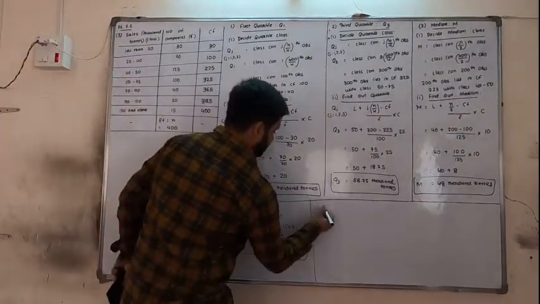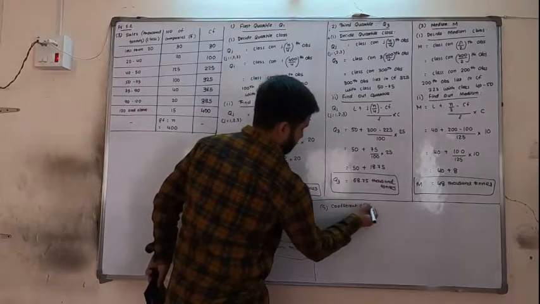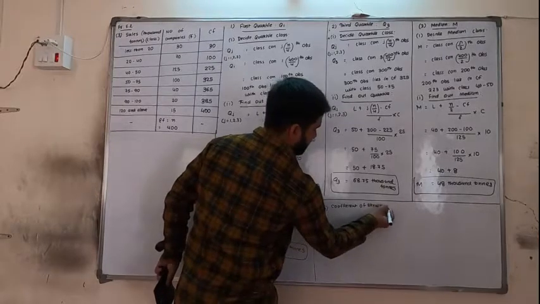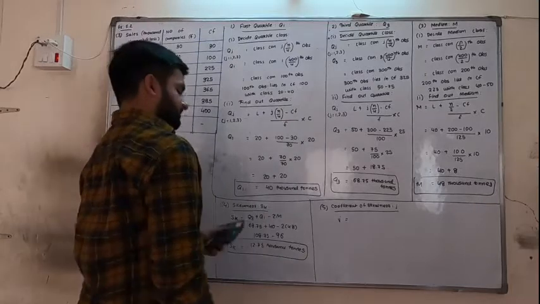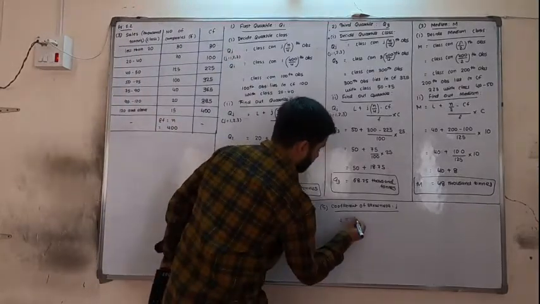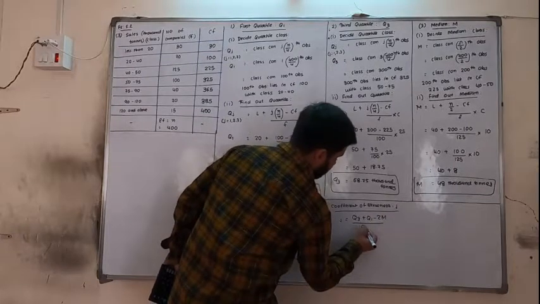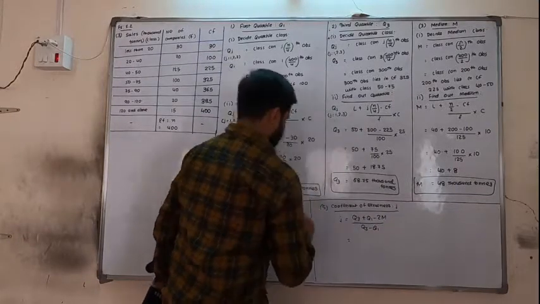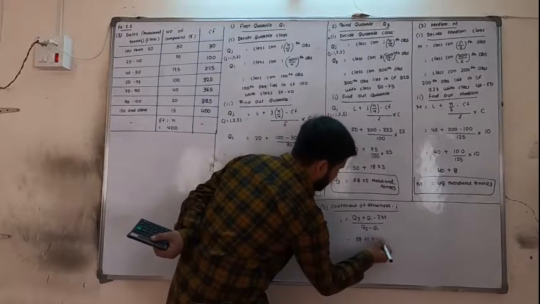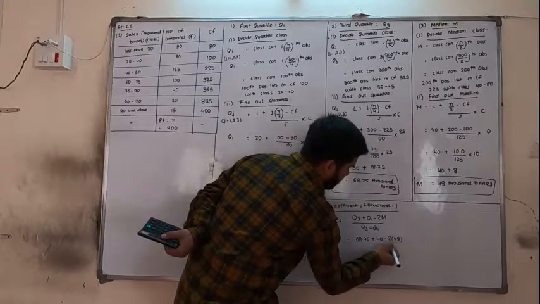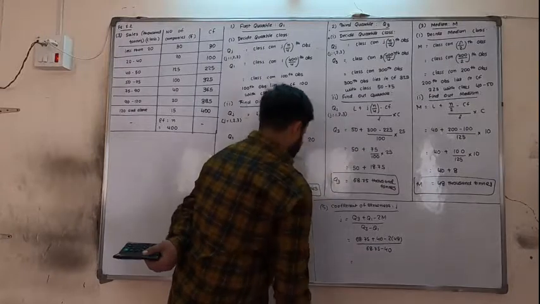Next, number 5. The coefficient of skewness, that is J. J is equal to Q3 plus Q1 minus 2M divided by Q3 minus Q1. 68.75 plus 40 minus 2 into 48, divided by 68.75 minus 40.